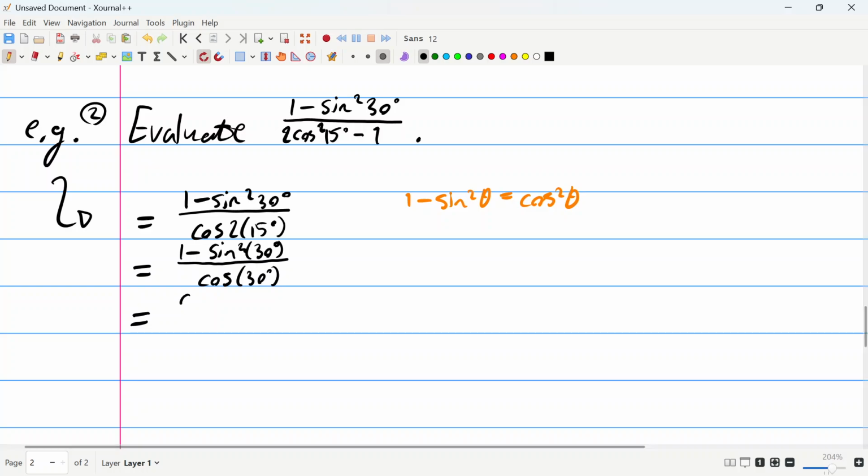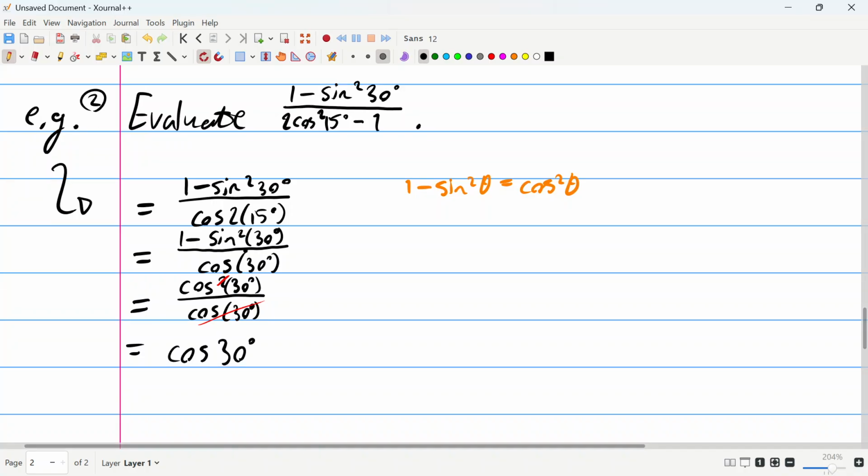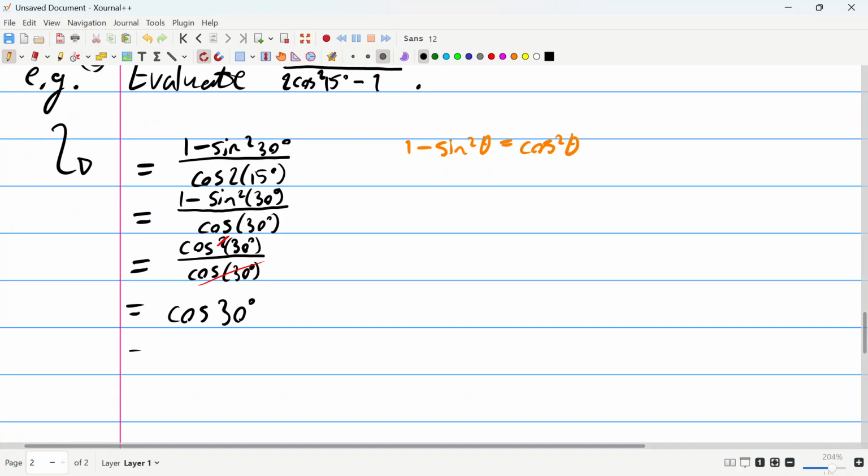So therefore, this is actually just going to be cos square of 30 degrees divided by cos of 30 degrees. And notice, because the top is being squared, we can cancel one of them out with the bottom. Therefore, we're left with cos of 30 degrees. And cos of 30 degrees is just going to be equal to the square root of 3 over 2.